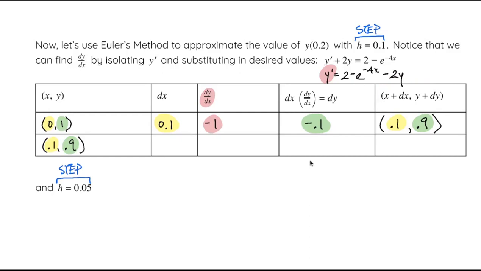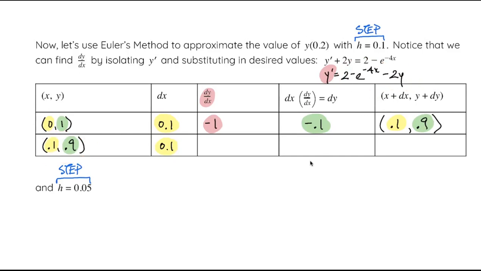Now my step is set as 0.1. So my dx is still going to be 0.1. If I want to find dy dx, I'm going to take 0.1 and 0.9, and I'm going to plug them in to the differential equation for x and y.